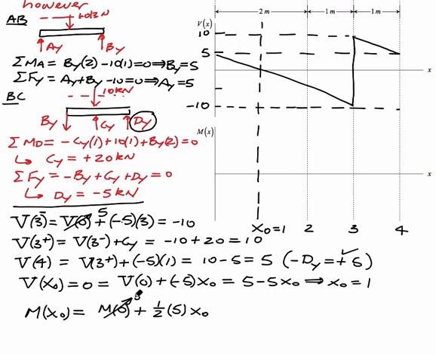M sub 0 is 0 because as far as moment goes, end A is free. So where x naught is equal to 1, that becomes 2.5. So what that means is that we have a maximum for M. And that maximum value is 2.5.